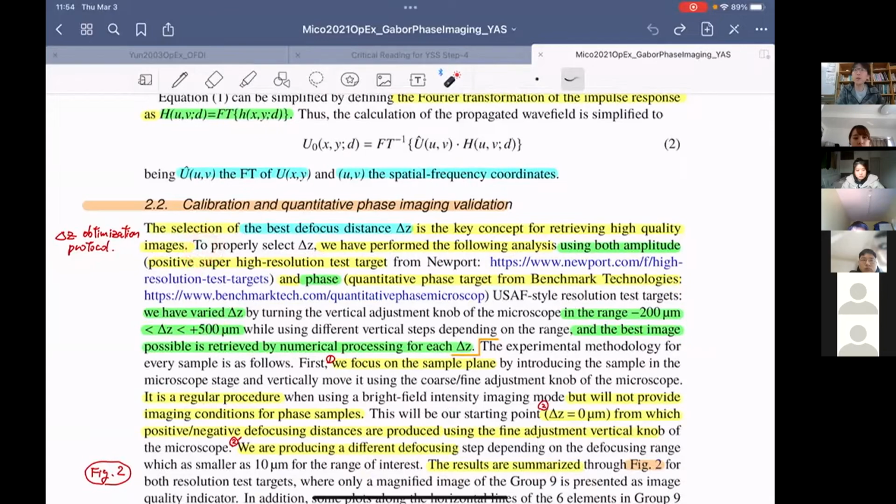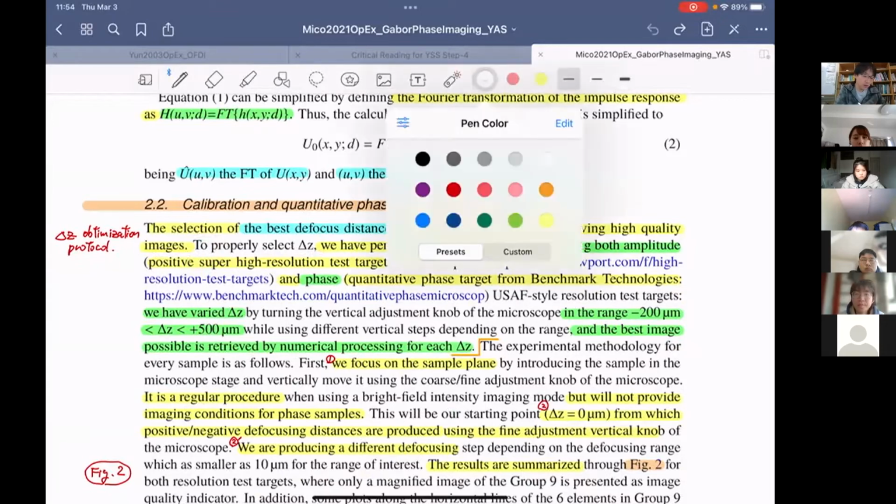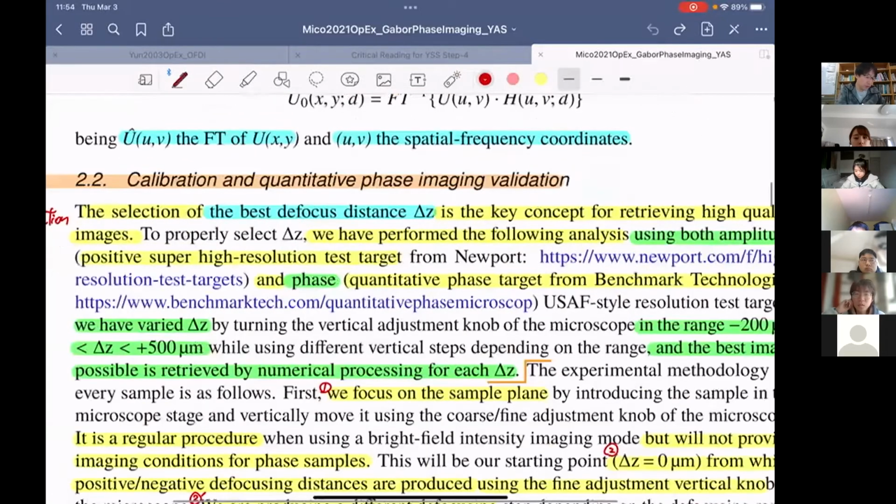It's a purpose, right? So "to properly select delta z," this symbol. Okay, to properly select, the first part is the cause of the second part. So in this case, you can clarify their logic by using this symbol.